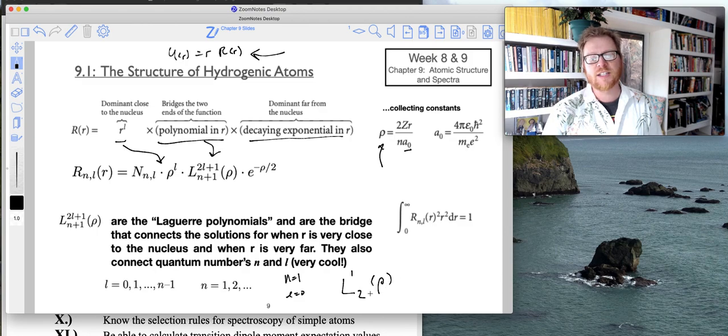So in this notation, when we say L12, we know we're dealing with n equals 1, L equals 0. And finally, we have this decaying exponential in r given to us by this term here.